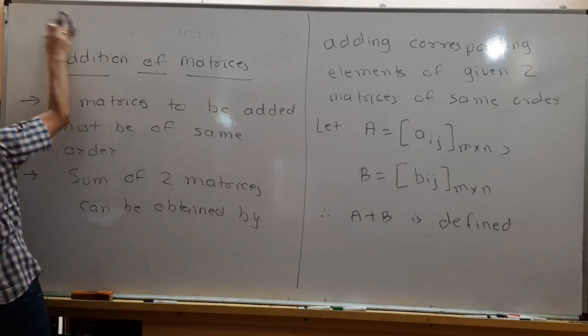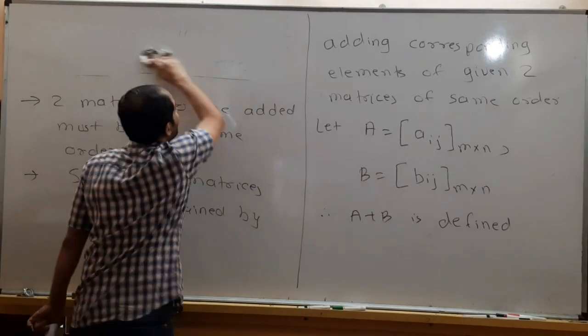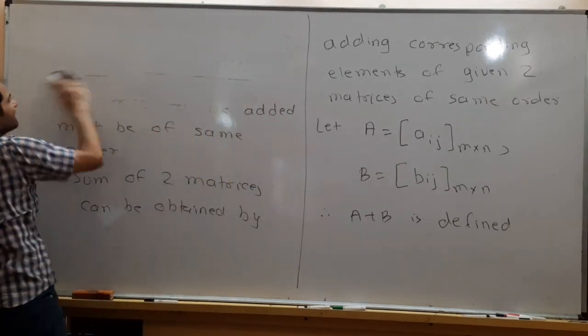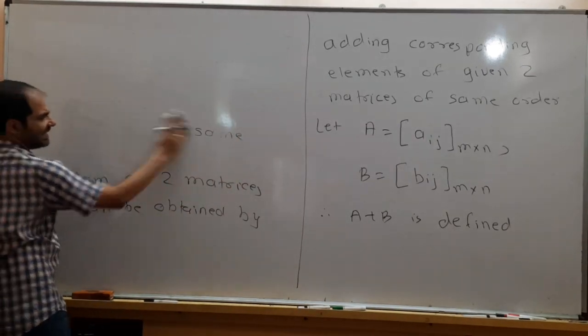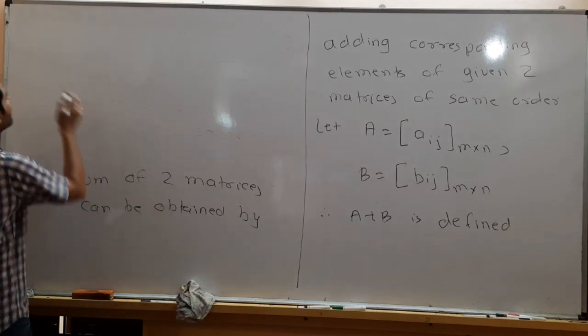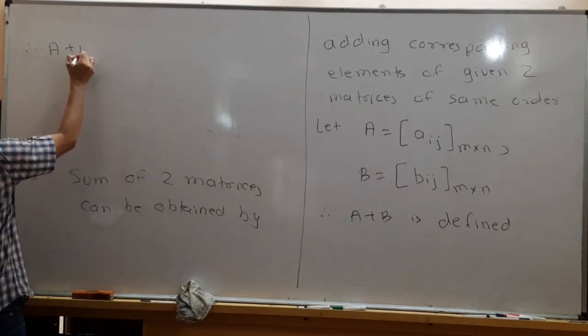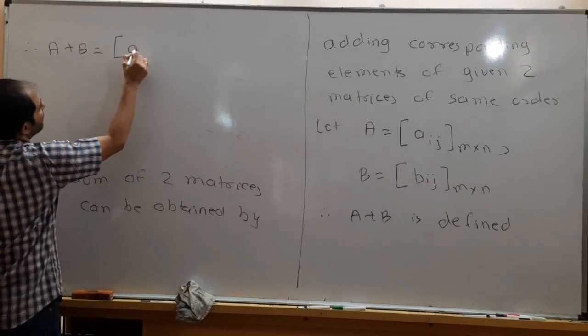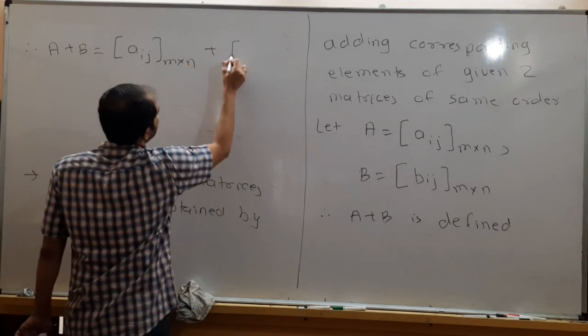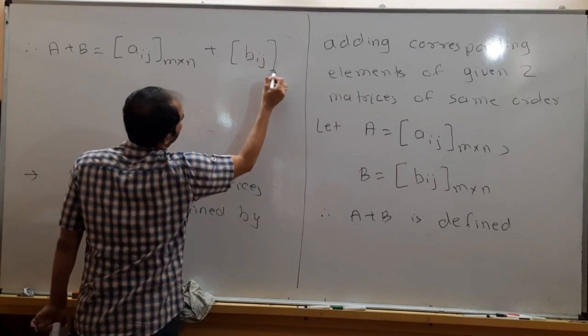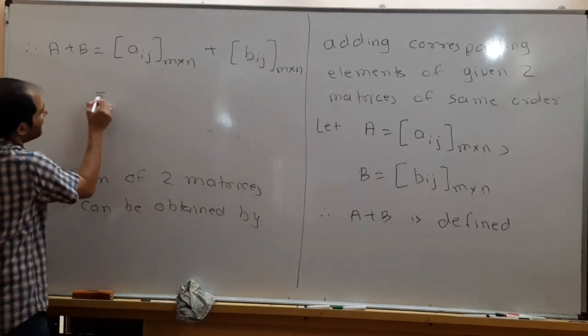And now A plus B can be obtained by adding the corresponding elements of A and B. So this can be written mathematically as A plus B is equal to Aij of the order n cross n plus Bij of the order n cross n, and you have to add the respective elements.